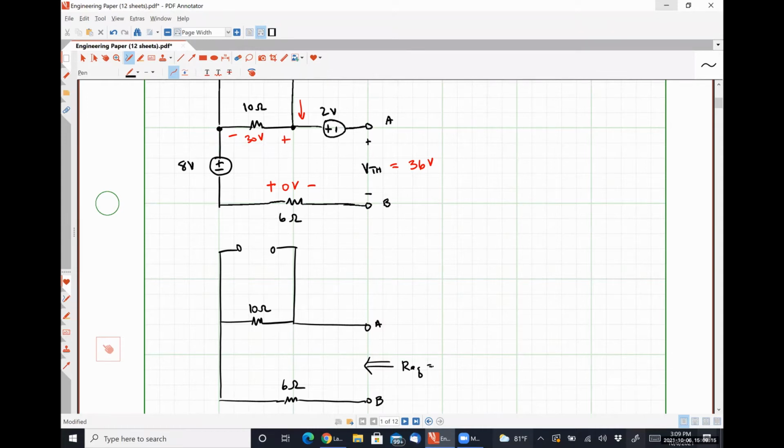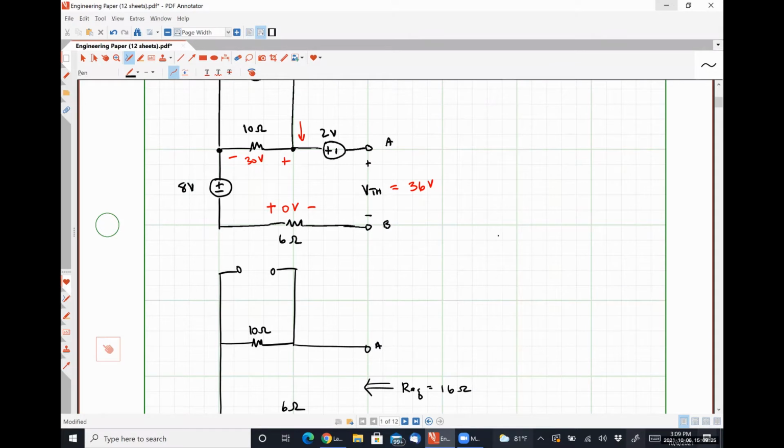So we have 16 ohms here, which means that our equivalent network for our original relatively ugly looking circuit is just this guy.